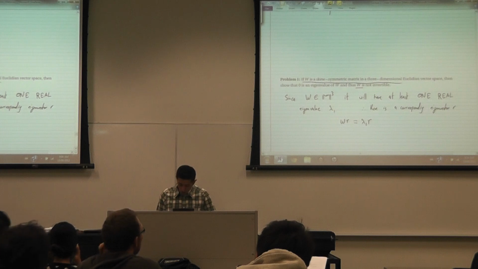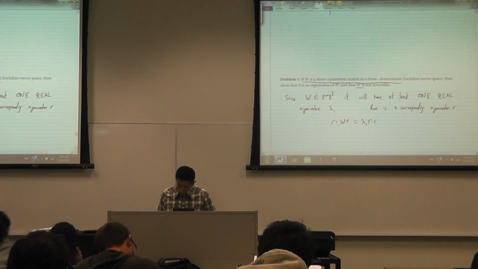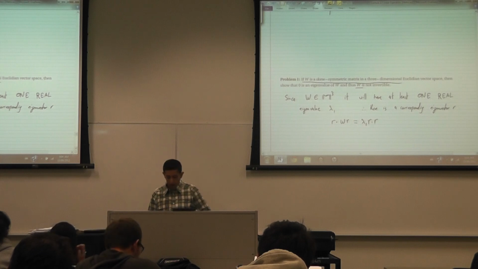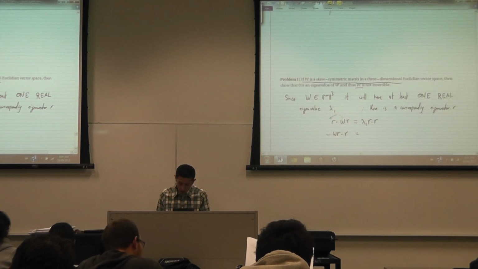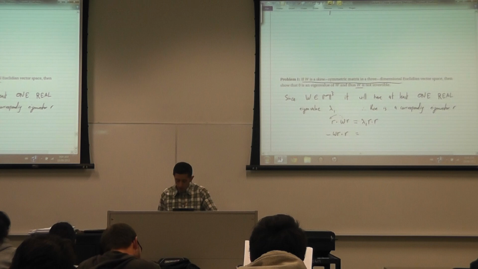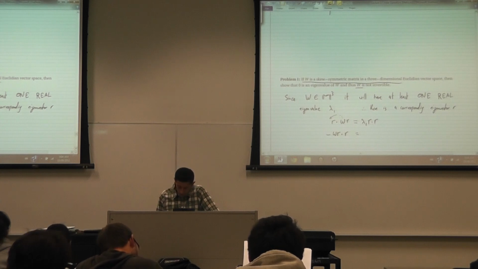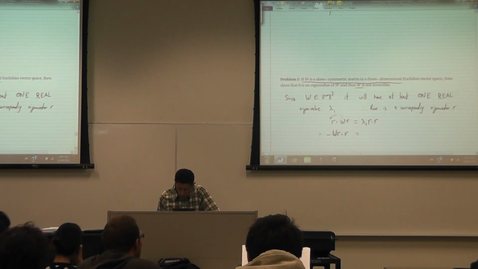I'm going to take the dot product with R on both sides. And I'm going to utilize the skew symmetry of W. Skew symmetry means that when I bring it over here, it will be W transpose. W transpose is equal to negative W. So these are equal to that.